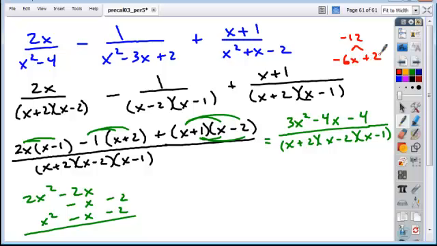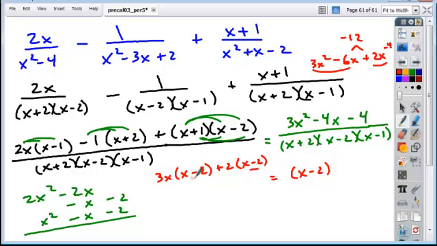Let's say I rewrite the middle term here. So I drop down my 3x squared, drop down my minus 4, factor by grouping. In this first pair, I can take out a 3x, leaving x minus 2. From the second pair, I can take out a 2, leaving x minus 2. So my common binomial factor is an x minus 2 from each of those.